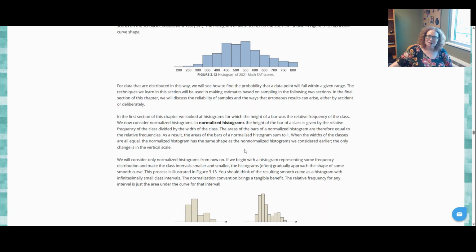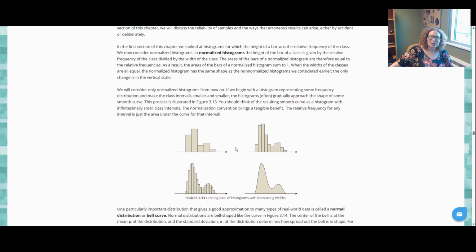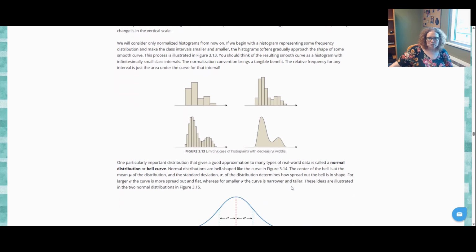And we're also going to talk about how reliable these data points are and how maybe we can find results that aren't quite what we thought they should be. So we're talking about normalized histograms. Again, we're looking at just a normal distribution on there.